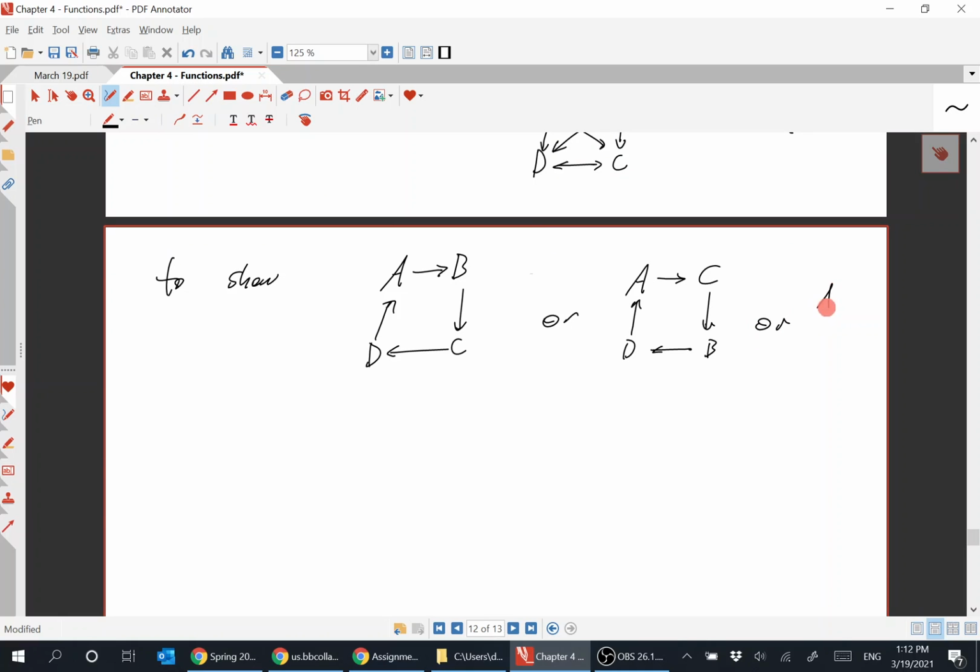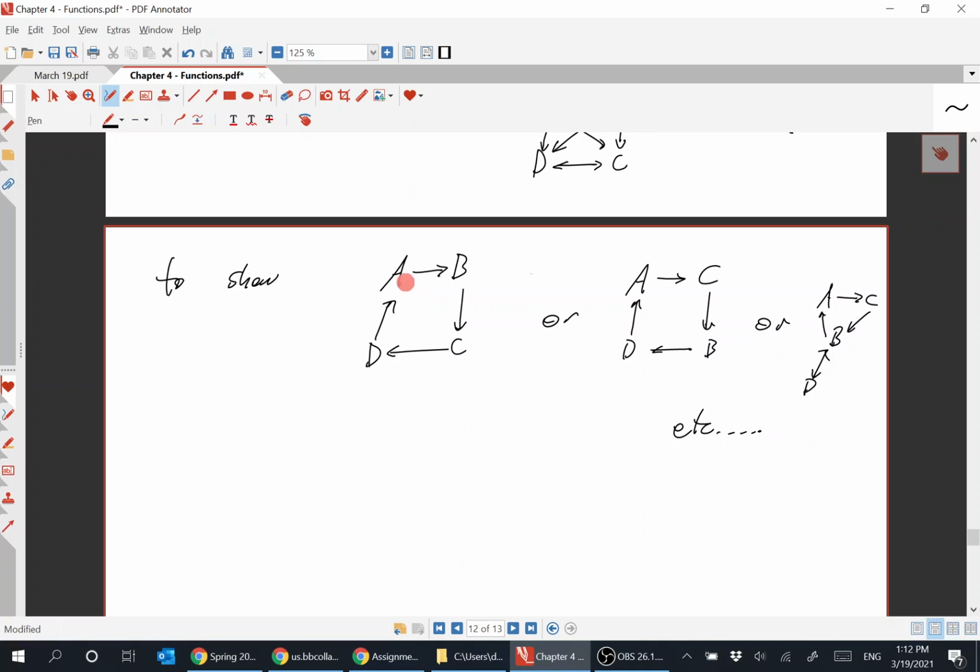You could also have A implies C, C implies B, B implies A, and then B if and only if D, etc. I mean, there's different schemes. As long as your scheme gives you implications in both directions for each pair, you're fine, right?